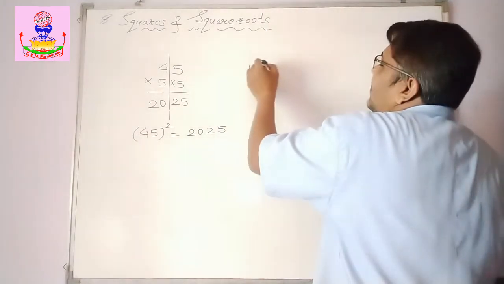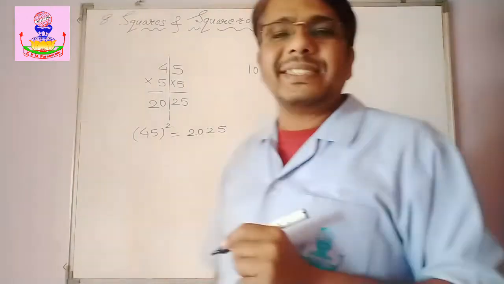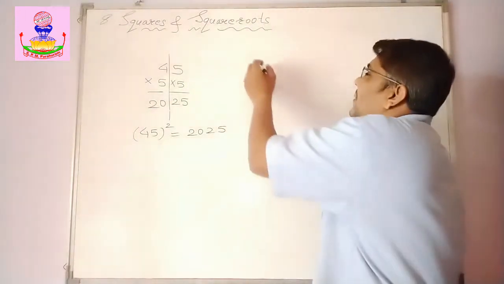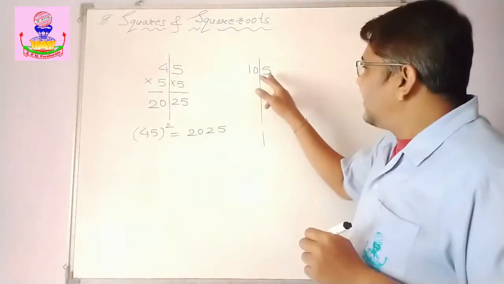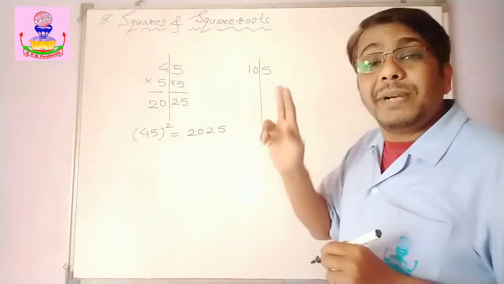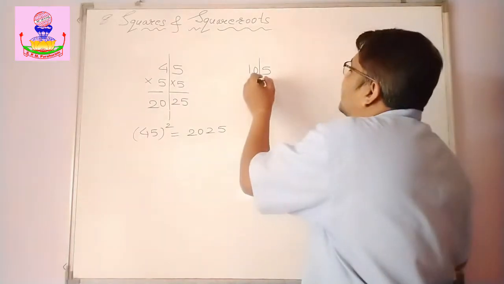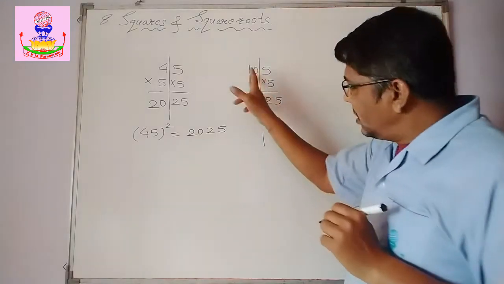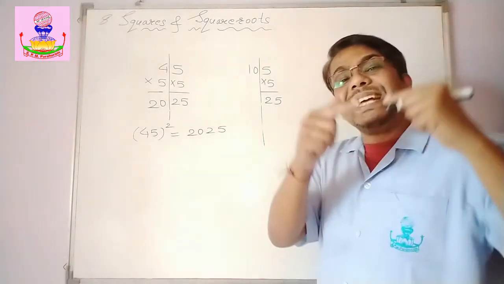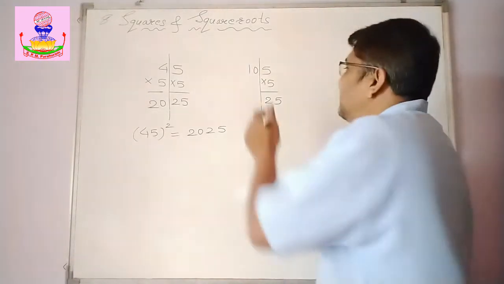We can take another example. Suppose I want to find the square of 105. So what can I do? Separate the units place from the rest of the digits. Take the square of the units place, that is multiply 5 by 5. So 5 square is 25. Now here multiply by the next successive number.